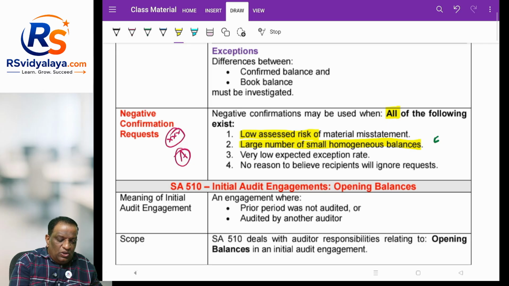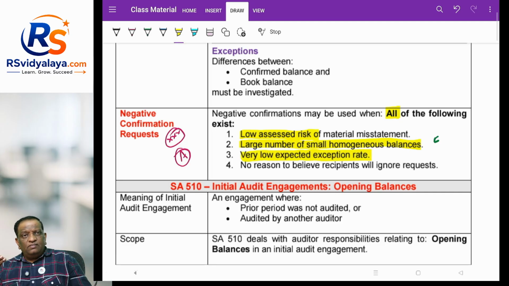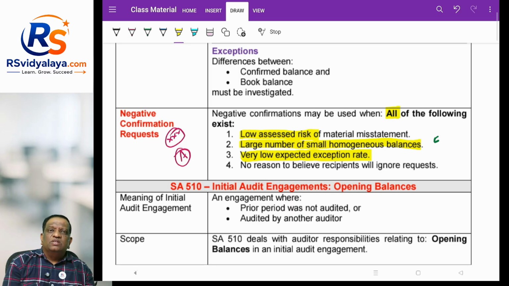And a very low expected exception rate, that is, you expect that the exception, where there will be a difference between what is recorded by the client and what is confirmed by the third party, is low. To put it simply, you don't expect any variance between the client data and the third party data, then negative confirmation is sufficient.